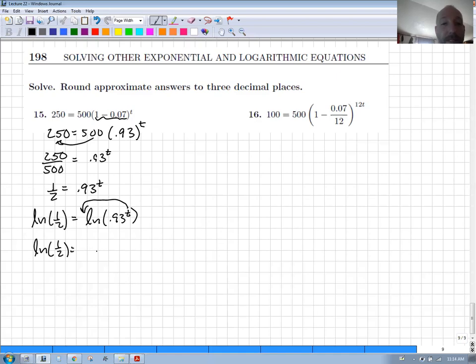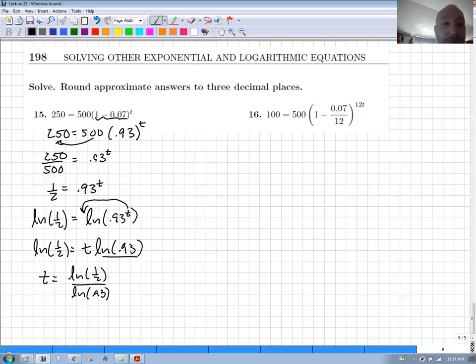T natural log of 0.93. So if I divide both sides by this guy, I have t is natural log of 1/2 over natural log of 0.93. All right, so I could have done log base 10 or any log I want. Natural log, I picked it because it's only 2 letters. It's the quickest to write.